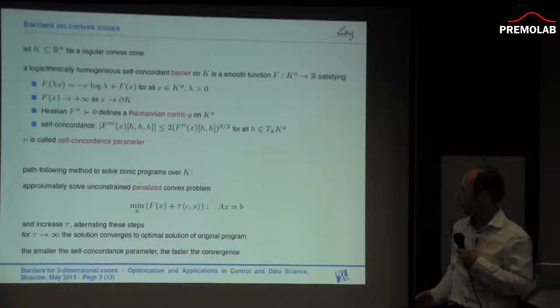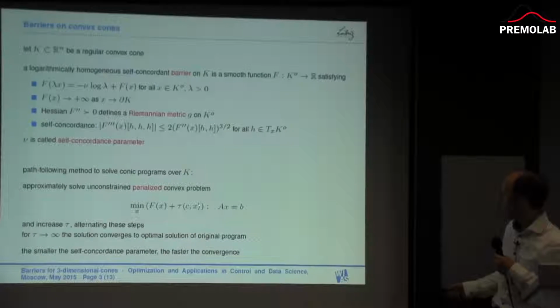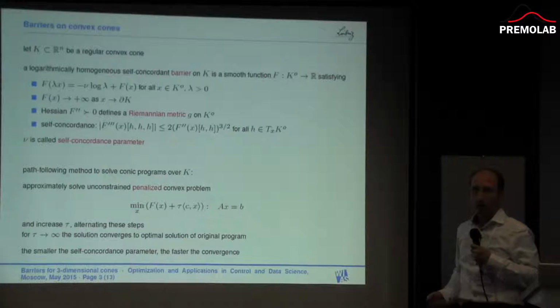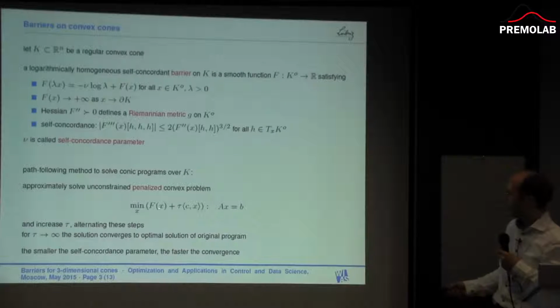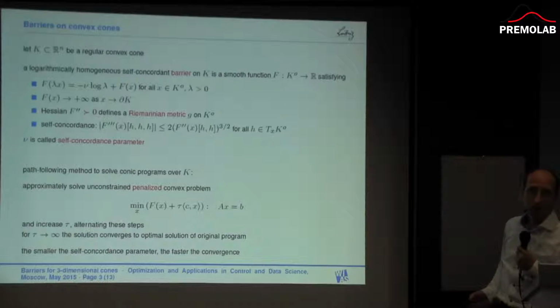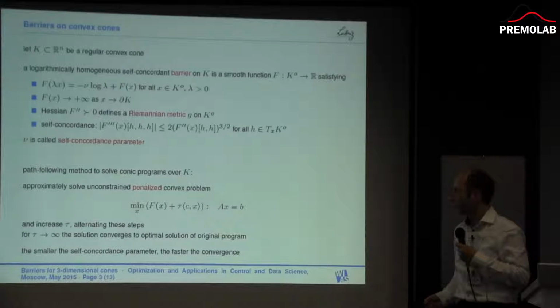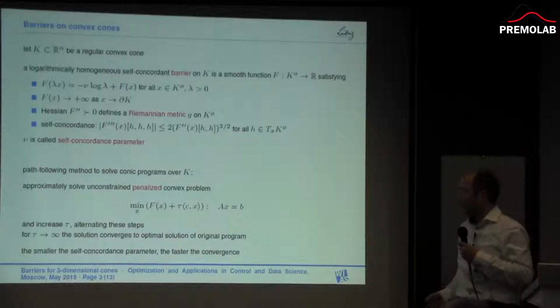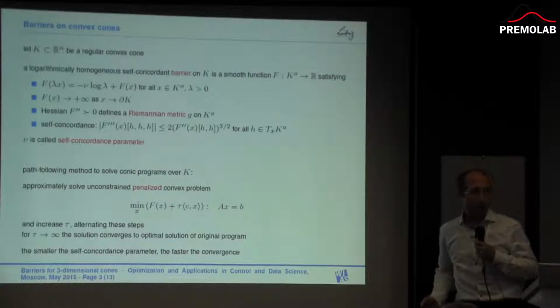And these methods go like this. So you have your cost function, and to this cost function, you add the penalization, and then you solve the unconstrained convex optimization problem, which gives you a solution in the interior of the cone.